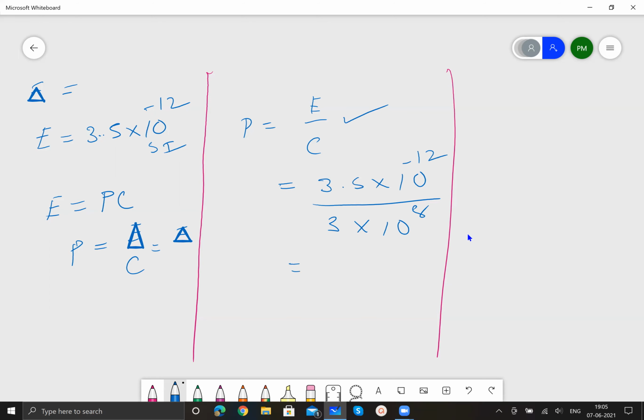You are asked to find the energy; momentum is given. So direct formula, E is equal to PC, into 3 into 10 to the power of 8. Simple.